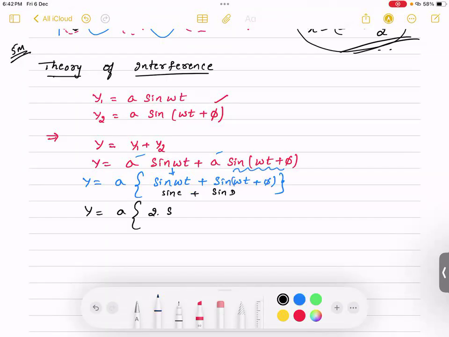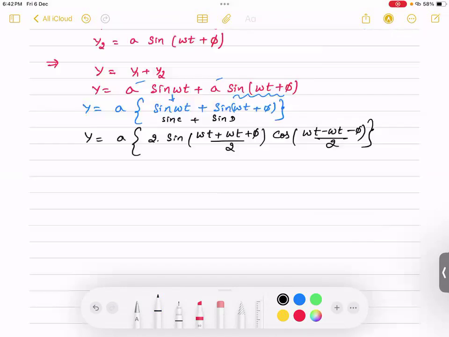It is 2 into sine of (C plus D) by 2 into cos of (C minus D) by 2. So this is the transformation formula I studied.